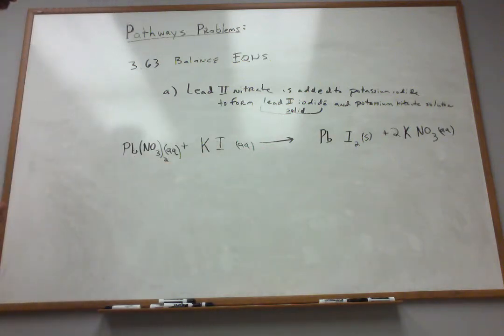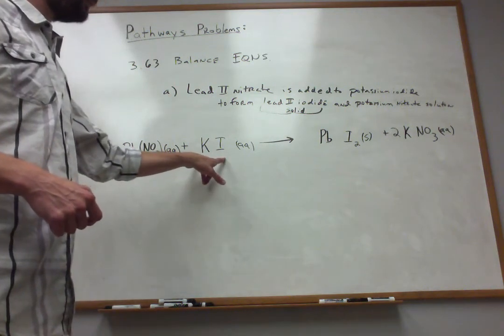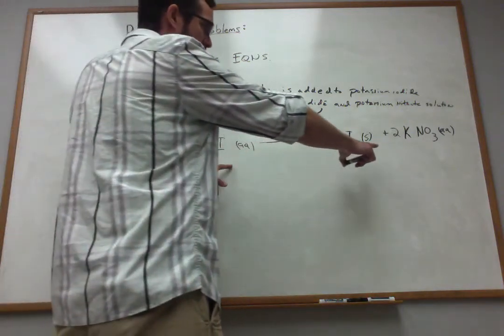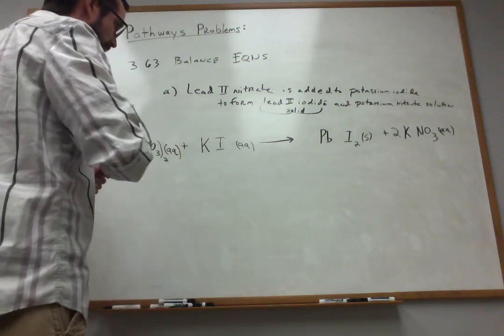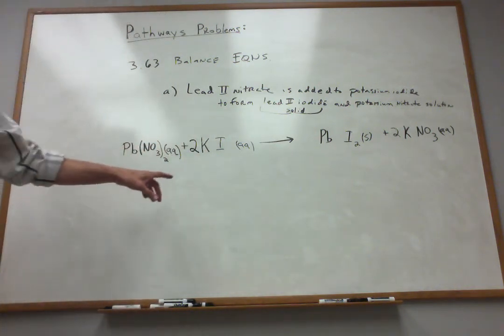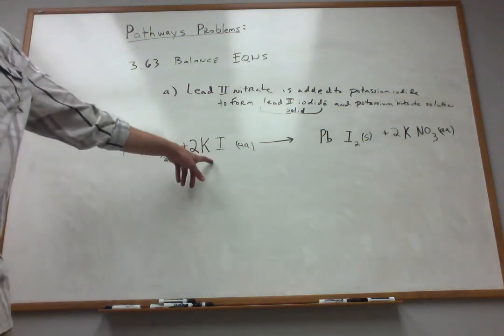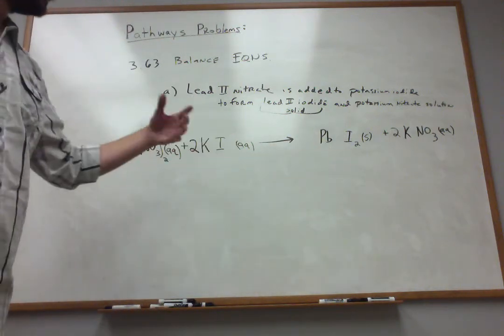That looks pretty good. Okay, good. Now what about other stuff? Well, potassium and iodide. Looks like I've got 1 of each here, and over there I've got 2 potassium, and I've got 2 iodide. So, I guess maybe if I put a 2 here, now I've got 2K here, 2K there. I've got 2 iodide here, 2 iodide here. I've got 1 lead, that's a balance.